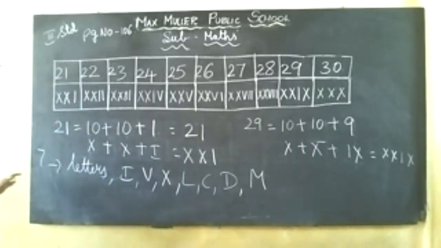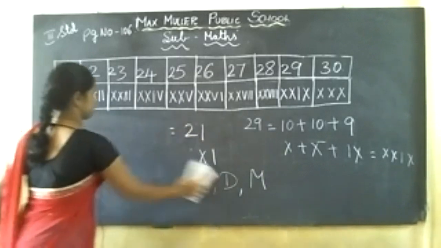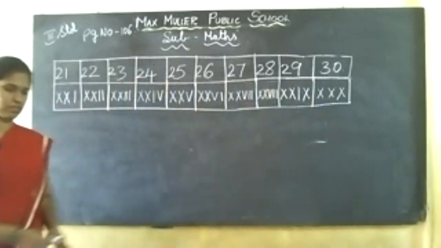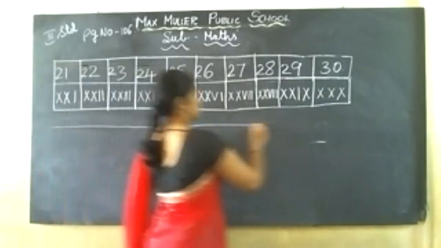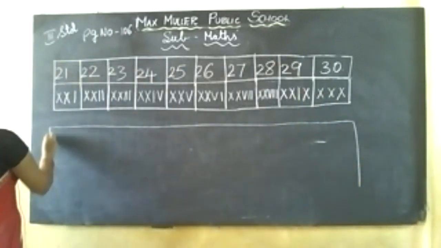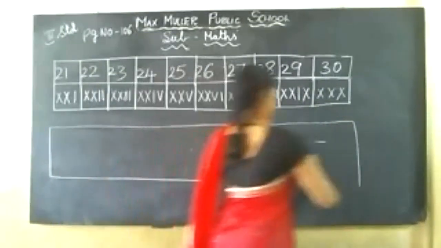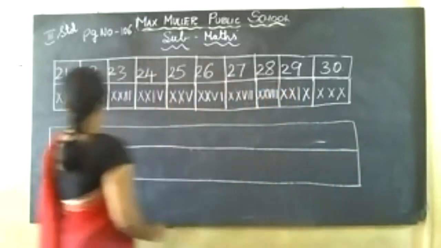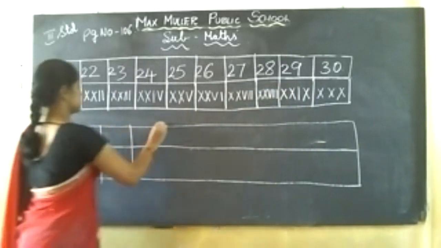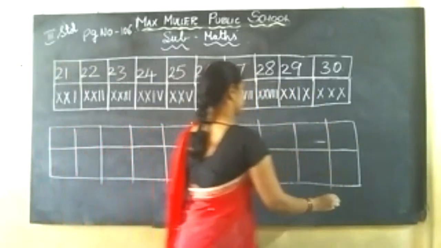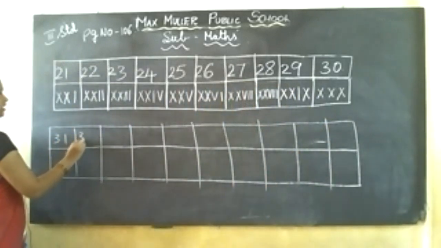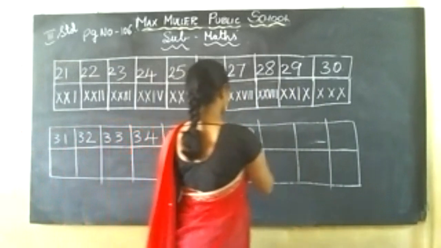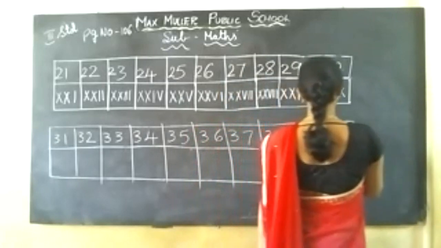Finished all of you? Copy down fast. 31, 32, 33, 34, 35, 36, 37, 38, 39, 40.